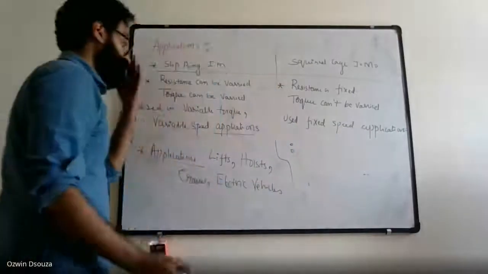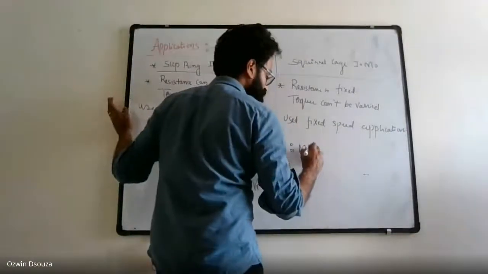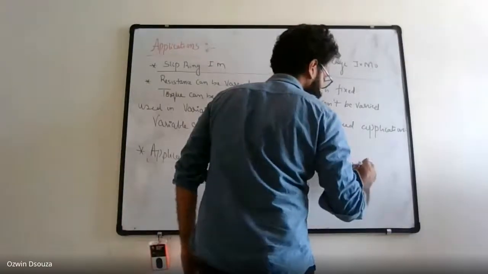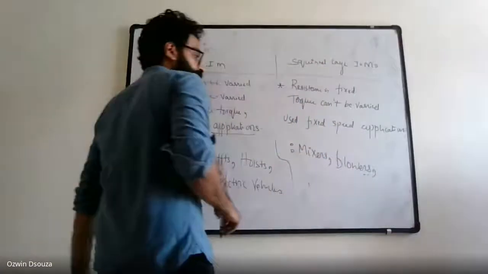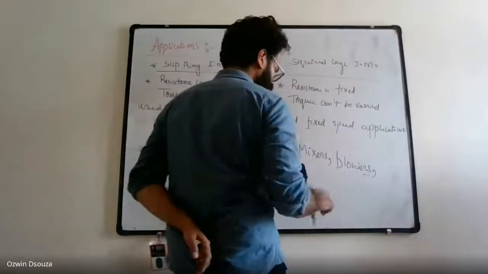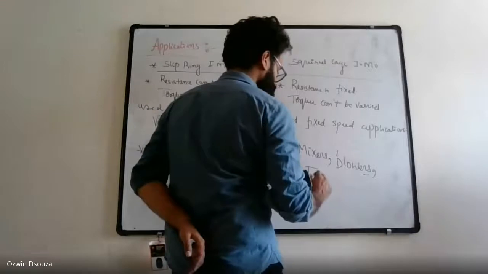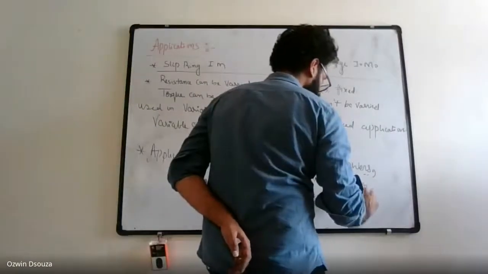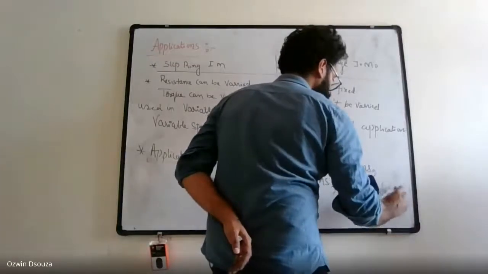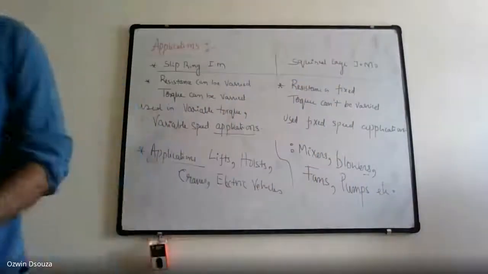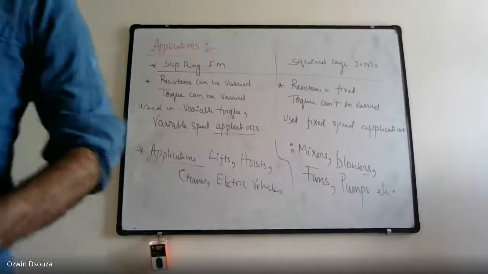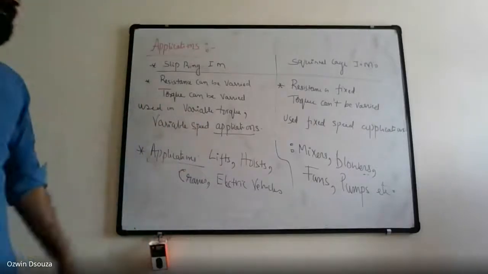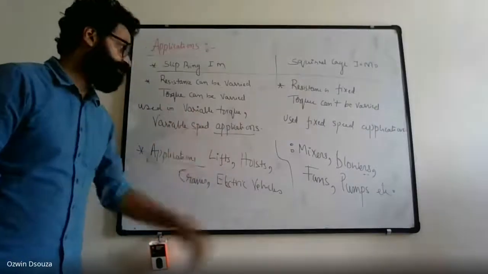And constant speed applications such as mixers, blowers, fans, and probably you can use them in pumps, etc. So these are the major differences between the slip ring induction motor and squirrel cage induction motor along with applications.